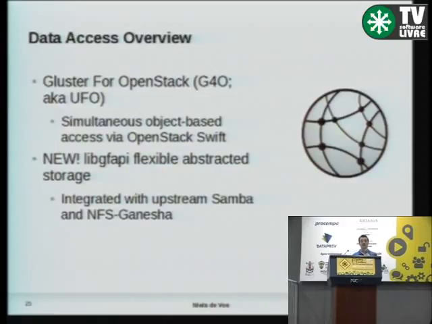Gluster contains its own NFS server implementation limited to NFS version 3. NFS Ganesha is more advanced. It supports NFS version 4, and it will also support pNFS, so that's NFS 4.1. And we're slowly moving to using NFS Ganesha instead of the Gluster internal NFS server.